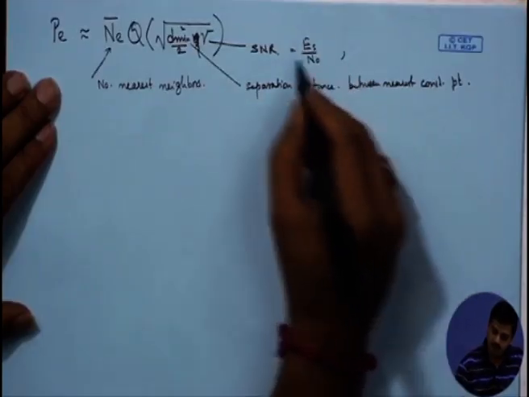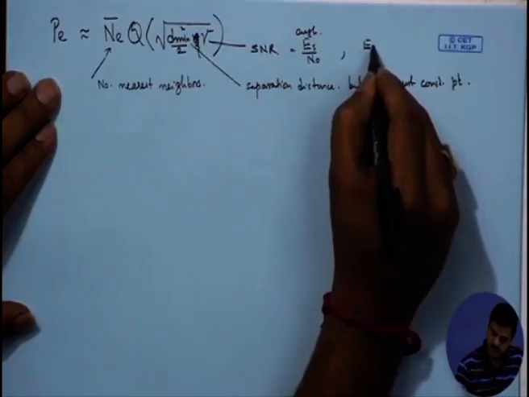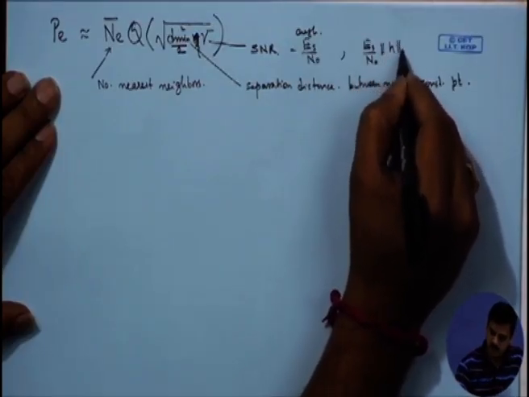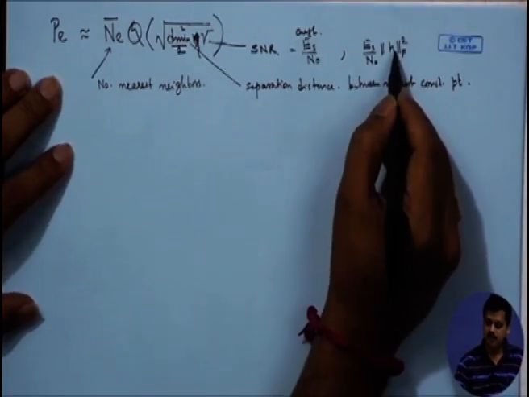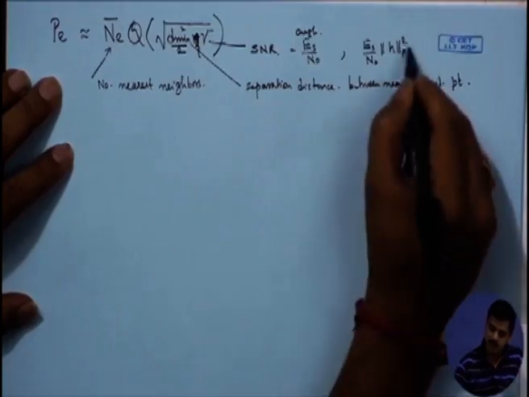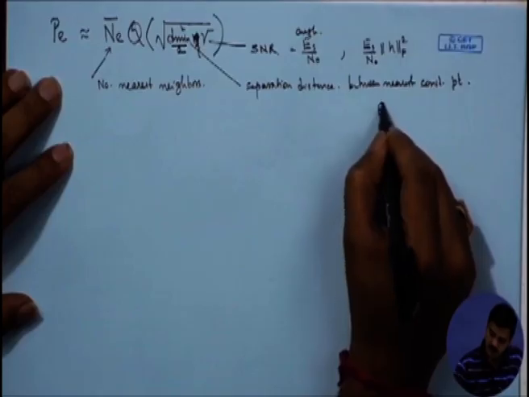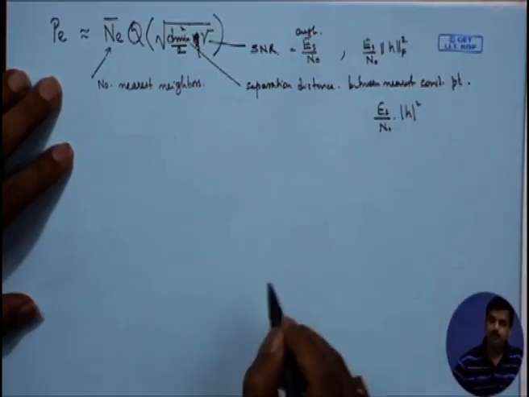This is AWGN. In case of fading channel, it should be Es by N naught times the Frobenius norm of H squared, that is the channel squared. In case of SISO, it is simply Es by N naught times |h| squared.